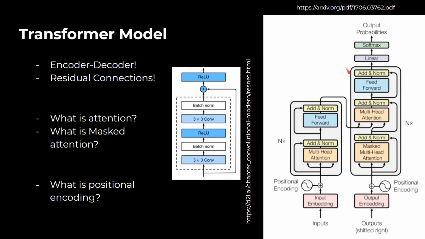When you look at the transformers model, you can split it right down the middle. This side is the encoder side. So think Seq2Seq, Encoder-Decoder. This is the encoder side, and this is the decoder side. Another thing you can notice very quickly in a transformers model is these residual connections, and they're kind of like the cell state in an LSTM, except they are unmodified.